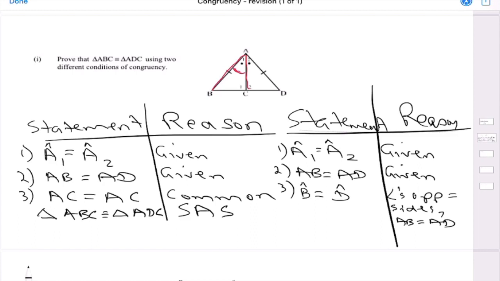So this is another way of doing this. And so now our 2 triangles are congruent, but the case for congruency in this particular case will then become angle side angle. So it's angle side angle. Statement number 1 was an angle, number 2 is a side, and statement number 3 is an angle, so that is angle side angle.